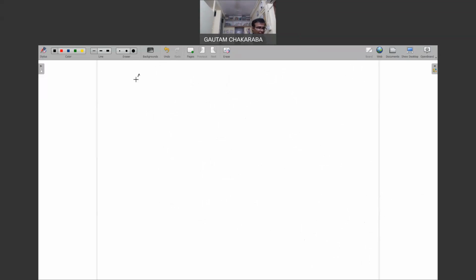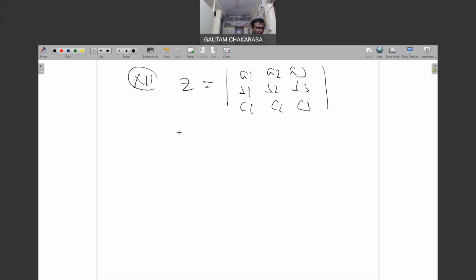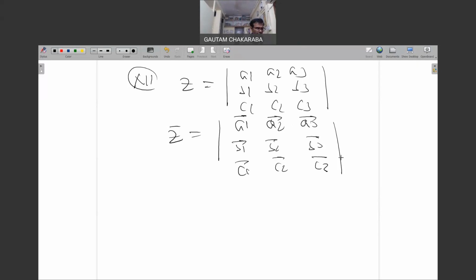Some questions are also given in determinant form. Another part: if Z is the determinant with rows A1, A2, A3 and B1, B2, B3 and C1, C2, C3, find Z conjugate. Now you can write A1 conjugate, A2 conjugate, A3 conjugate, B1, B2, B3, C1, C2, C3.